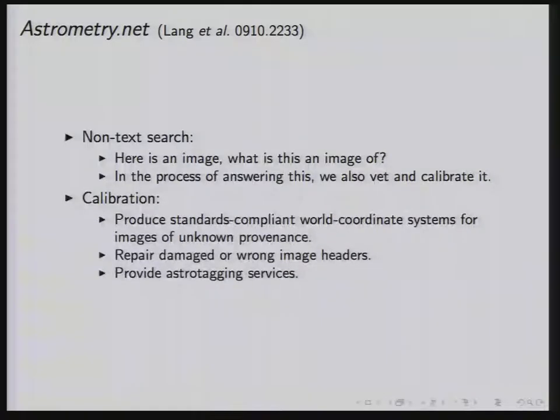So I want to be able to take the images that we have where we've lost the information. A good example is the Harvard plate archive. At Harvard University, there's an enormous room with shelves and shelves of glass plates, images that were taken with telescopes. In fact, glass plates were used up into the 80s, because CCDs only came in the 80s.